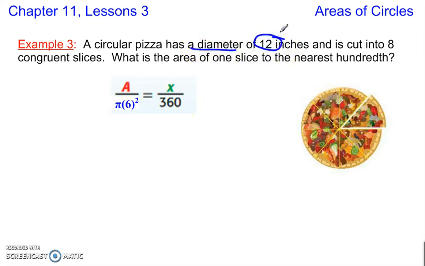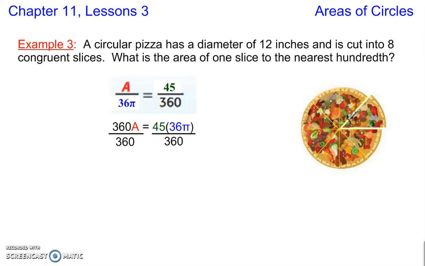That one tends to trick us. And then 360 divided by 8 to figure out what that angle is right here, the central angle. We have to divide by 8 pieces. That gives us 45. And then cross multiply to solve. Divide by 360. And we have approximately 14.14 inches squared.